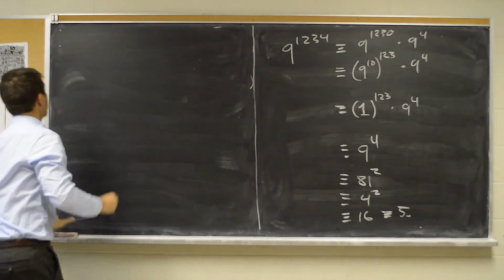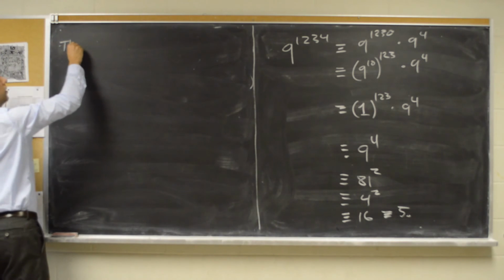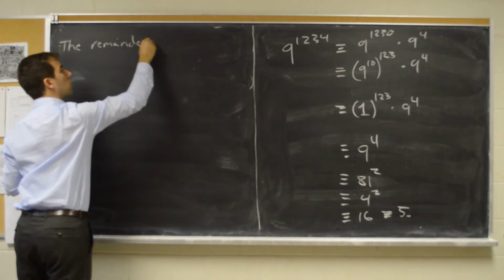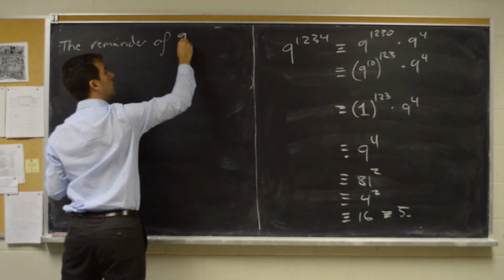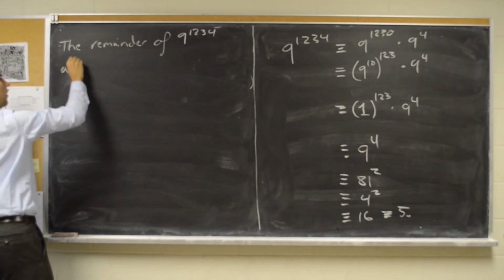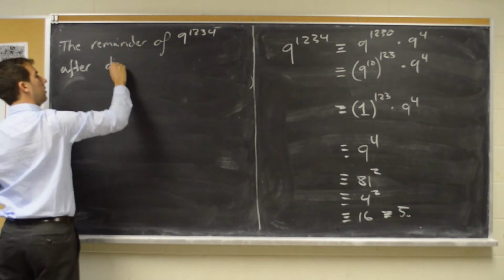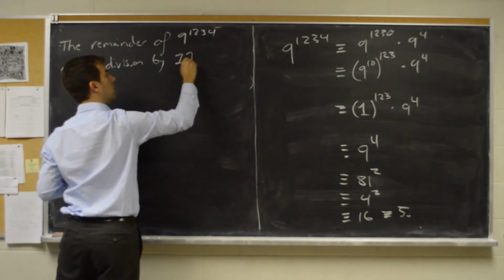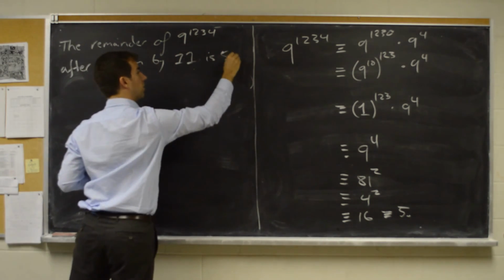So to conclude, the remainder of 9 to the 1234 after division by 11 is 5.